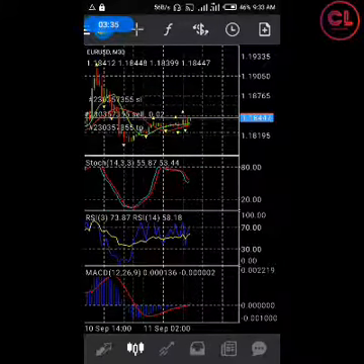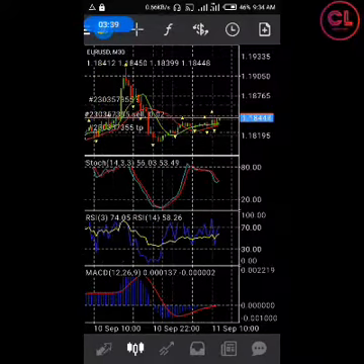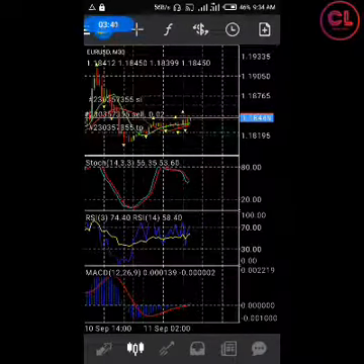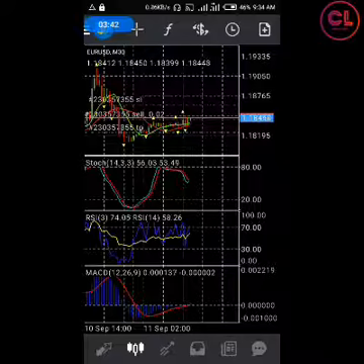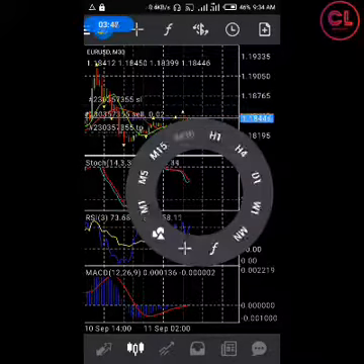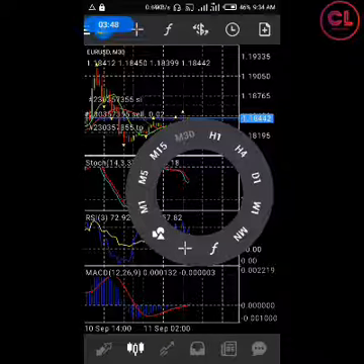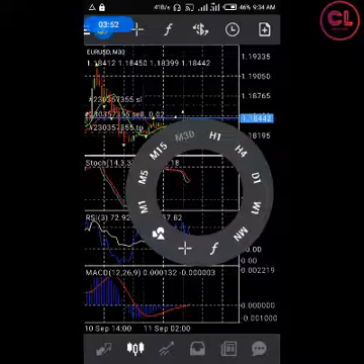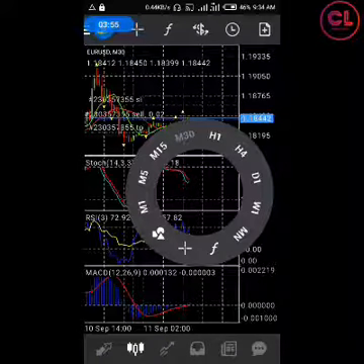Oh, and please, before you make any trade, you need to go to the charts and watch the market and know whether the trend is going up or down. And each chart has a different time frame. The time frame of this chart I'm looking at now is 30 minutes.